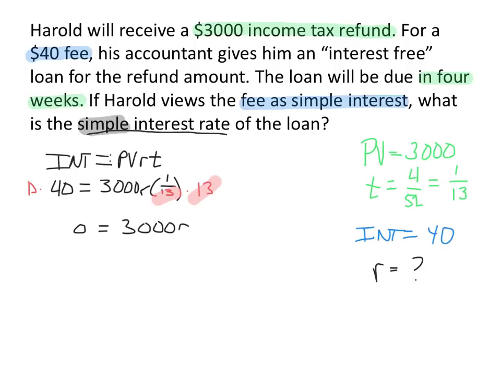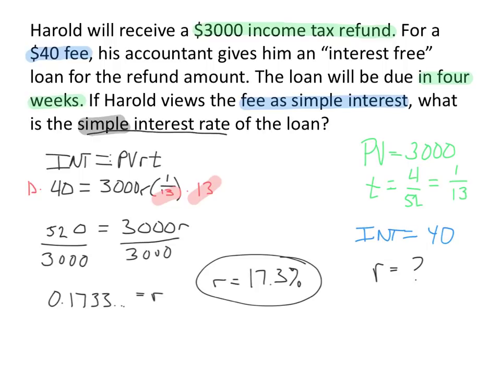And 4 times 13, 52. So 520 equals 3,000 R. To find the value of R, we're going to divide both sides by 3,000. And 520 divided by 3,000 is 0.17 and then a whole bunch of 3's.